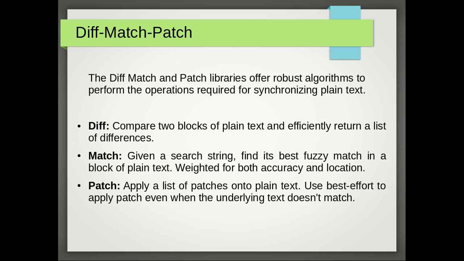What match does is, now that I know the list of differences, it will match a block of data wherever the change is. It will highlight it and tell me that here there is a change, and it will give me the exact position and the amount that needs to be changed.